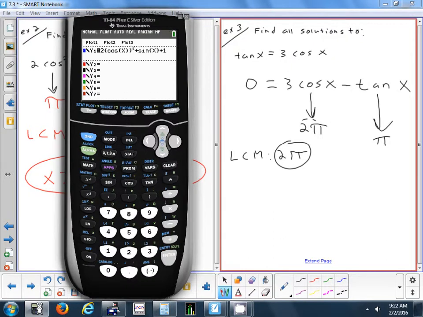X min looks good. Then 3 cosine x minus tan x. Okay, and remember, we're looking for how many times it crosses the x-axis. Okay, how many solutions does it look like we get there? 2.